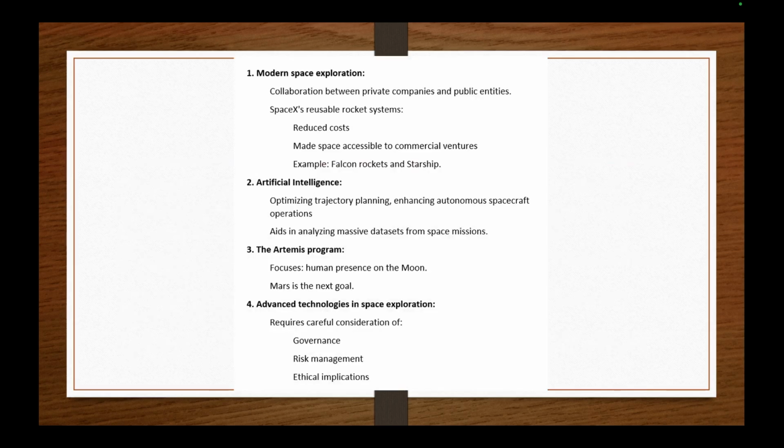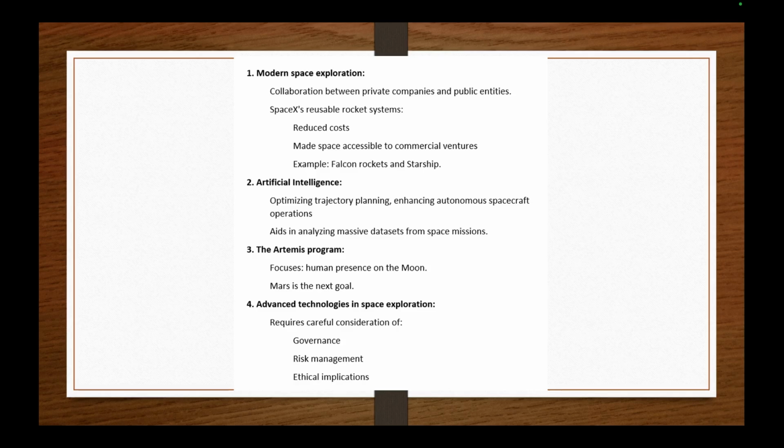Now, let's see. There are the four heads that we've taken. First is modern space exploration, collaboration between private companies and public entities, SpaceX's reusable rocket systems. Now, for the sub points, we have indented them to further write reduced costs, made space accessible to commercial ventures, and the example is Falcon rockets and Starship.